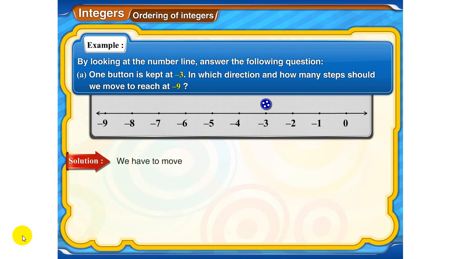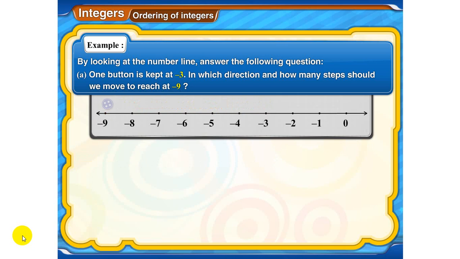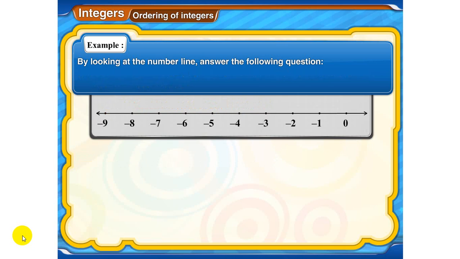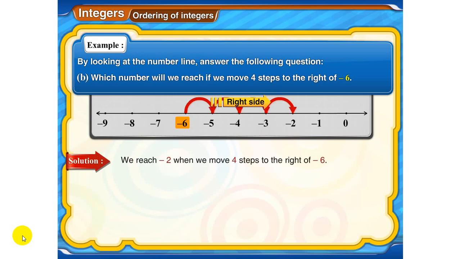Solution: A. We have to move 6 steps to the left of -3. B. Which number will we reach if we move 4 steps to the right of -6? Solution: we reach -2 when we move 4 steps to the right of -6.